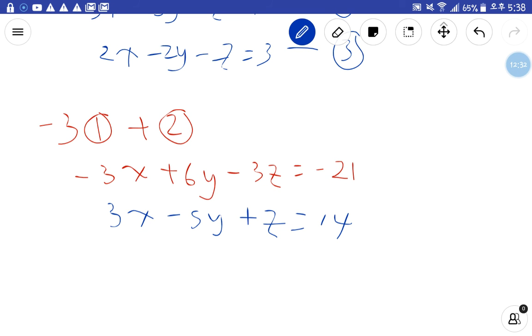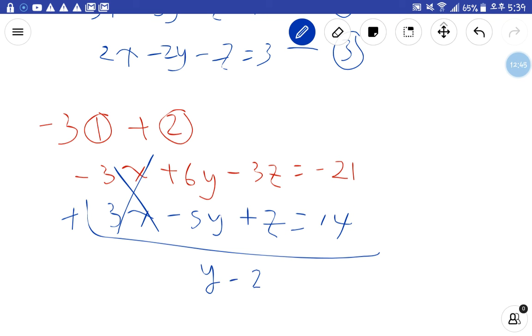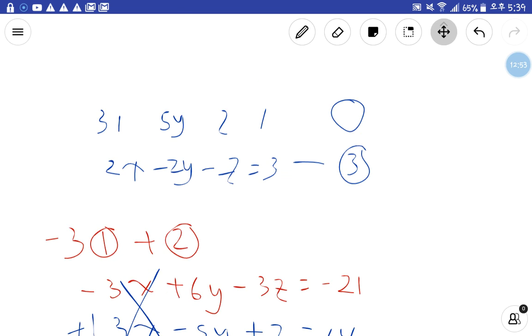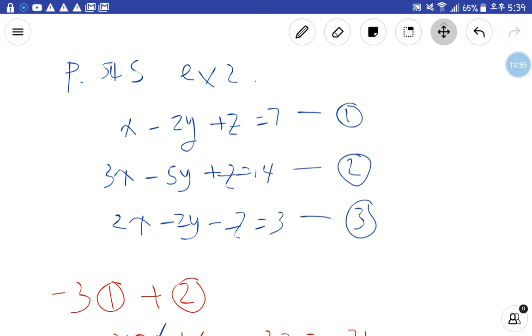So if you do that, the x cancels out. 6y plus minus 5y would be y, and minus 2z equals negative 7. So let me change my original. The original one, I had 3x minus 5y plus z equals 14.